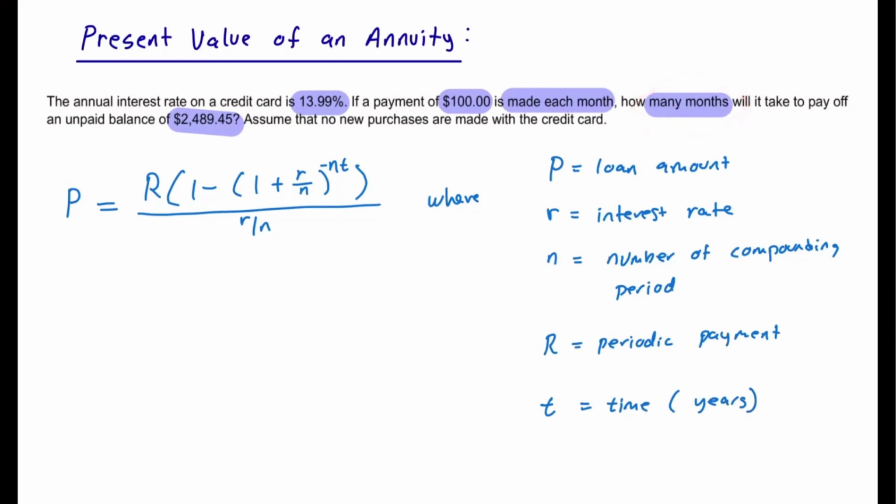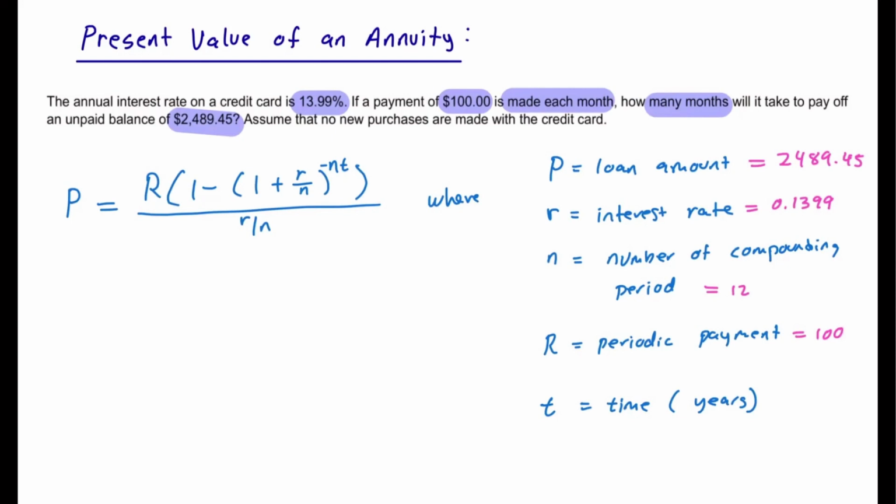Okay, so let's substitute everything we have. We know our principal amount, or the present value, or the loan amount, however you want to interpret it, that's $2,489.45. The interest rate we're getting is 13.99, so in decimal that's 0.1399. And n in this problem is 12, compounding every month, and the periodic payment is 100. Time is what we're looking for. So let's substitute.